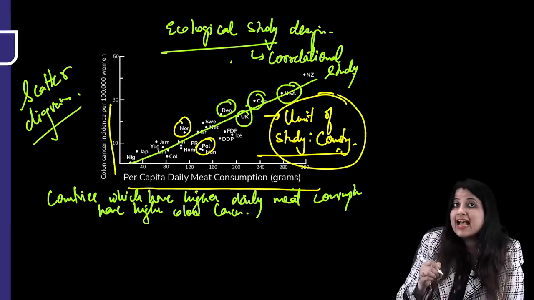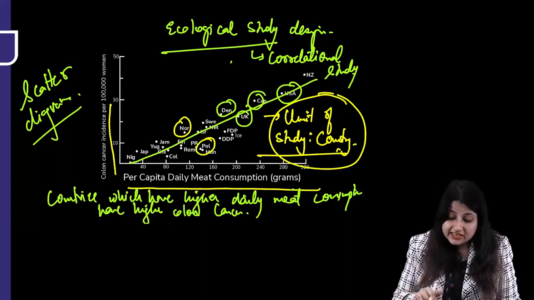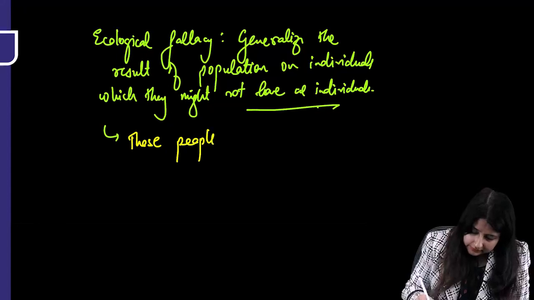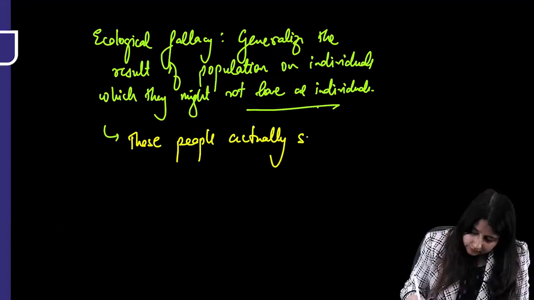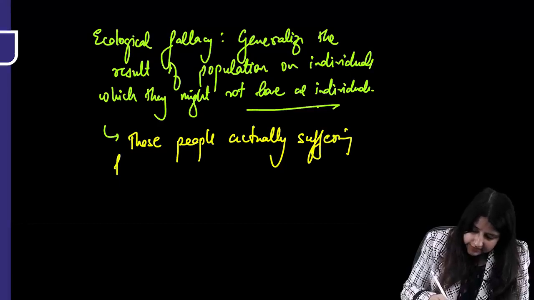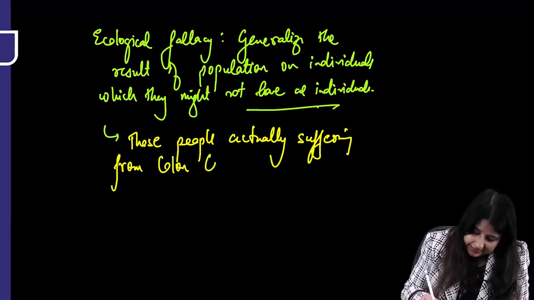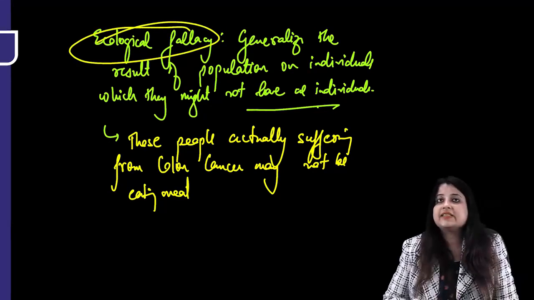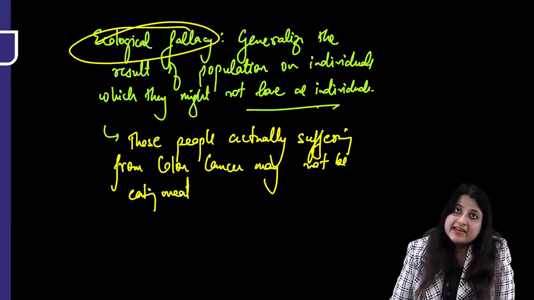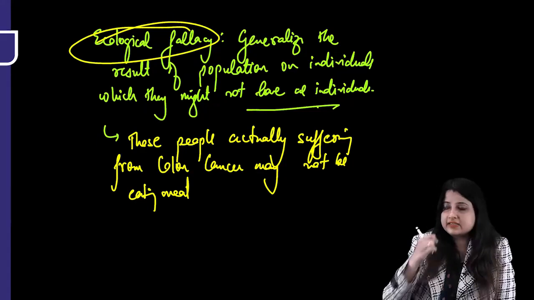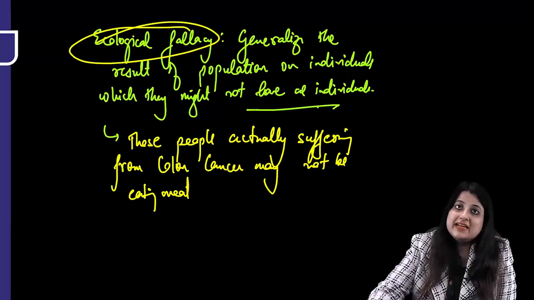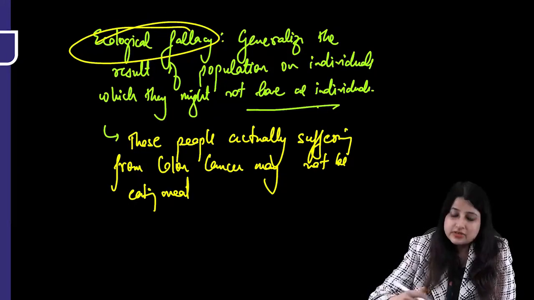Those people who are actually suffering from colon cancer might not be eating meat, right? So this is ecological fallacy. Population findings applied to an individual, which they might not have. That is the biggest disadvantage. Otherwise, ecological study is also done at the same point of time using secondary data, already collected data like nutritional surveys and all.